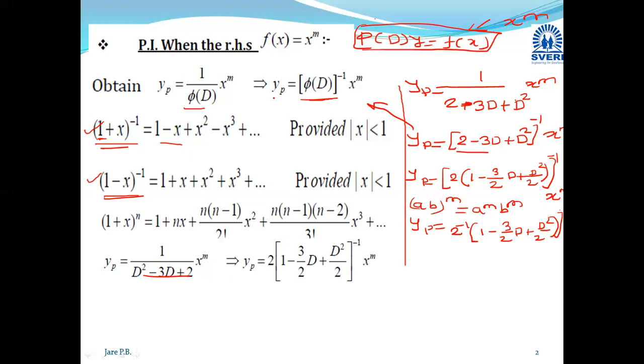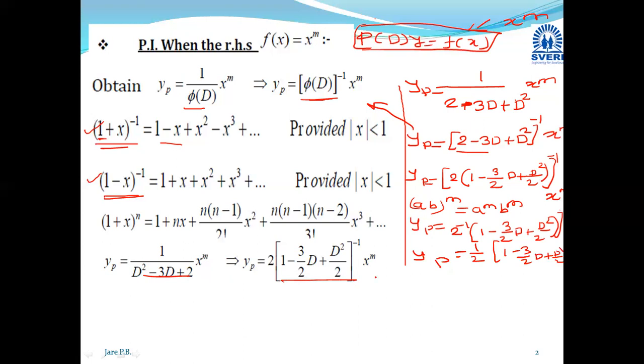So yp equal to 1 by 2 into this 1 minus 3 by 2 D plus D square by 2, as we see here.